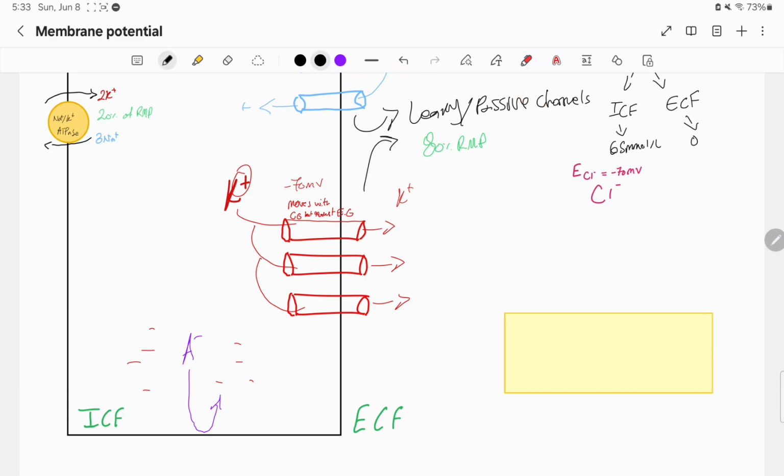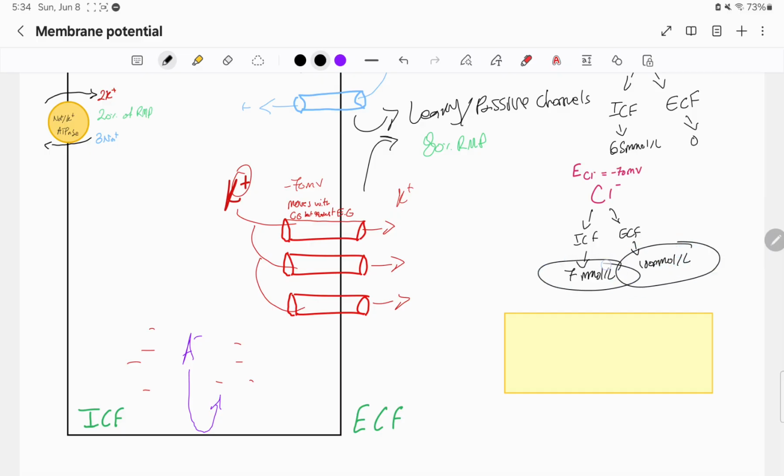Okay? Even though chloride in the ICF is around 7 millimoles per liter, whereas in the extracellular fluid, again, it's the principal anion, so it should be pretty high here, and it is 100 millimoles per liter, right?